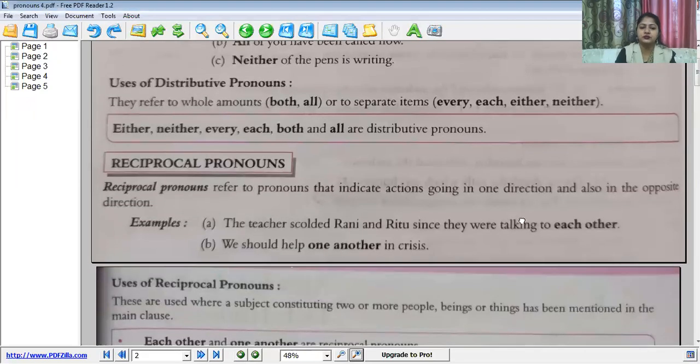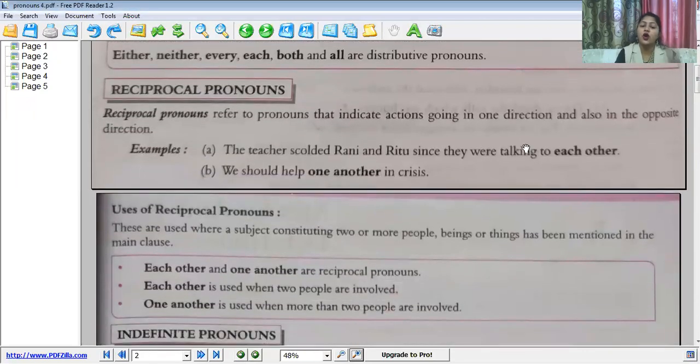So we'll see the uses of reciprocal pronouns. They are used when a subject constituting two or more people, beings, or things has been mentioned in the main clause, that part of the sentence which can stand by itself. Each other and one another are reciprocal pronouns.